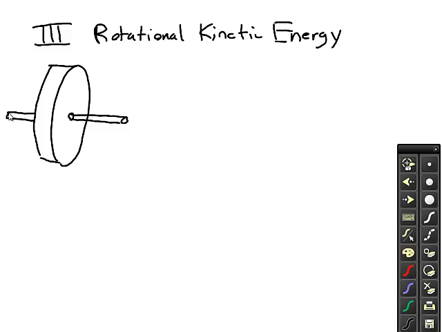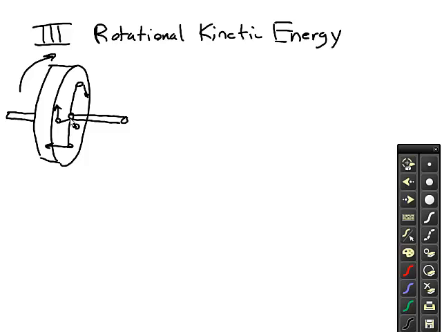Every little particle has mass. As it spins around, every little particle has a velocity. Okay? Every little particle has a radius, a distance from the center. Add up the kinetic energies of all those little particles, and I will have the kinetic energy of this wheel. Sounds pretty tedious. That's not the way we'll do it, but that's the way we'll start.